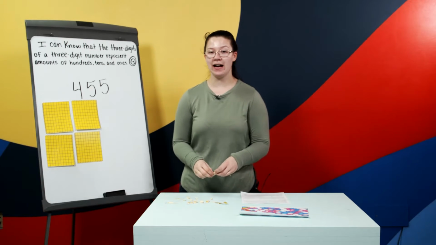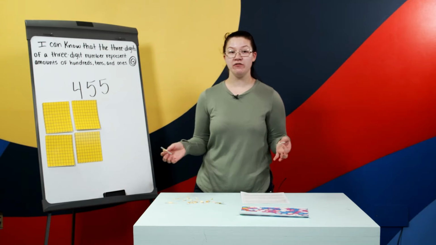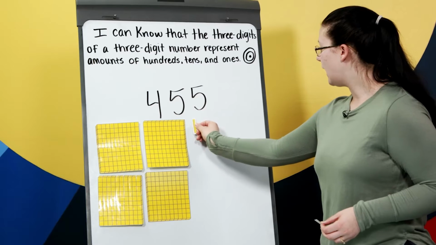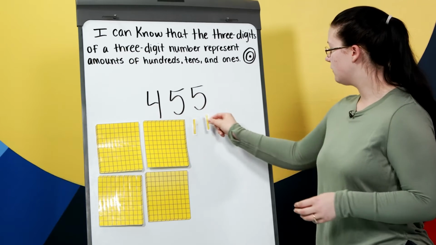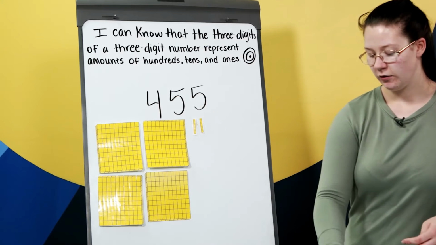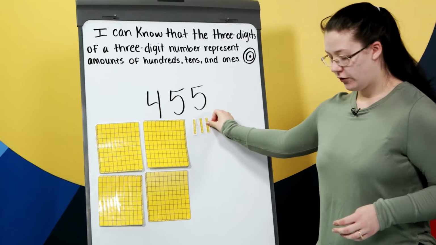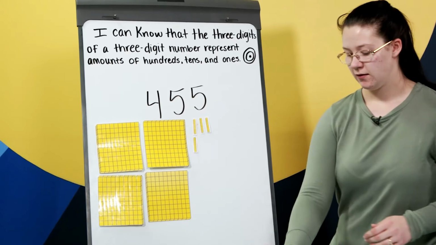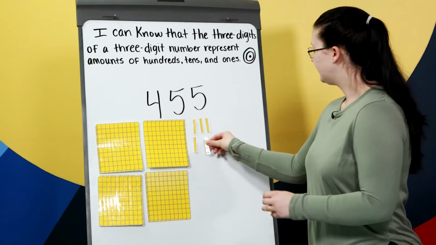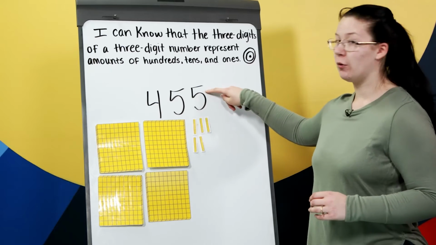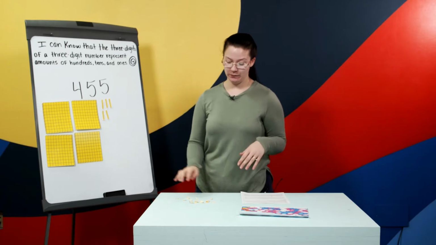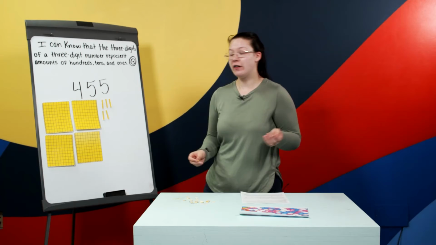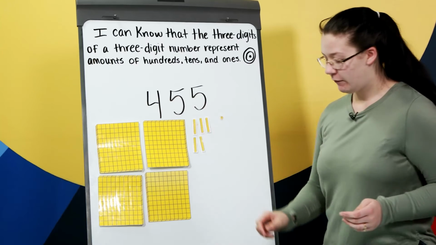So if it's 5 in the tens place, that means 50. So we're going to have 5 of my little 10 base block friends. So that's 20, 30, 40, and 50. And remember, our ones place is our best friend because it just means what it is. It's just 5.